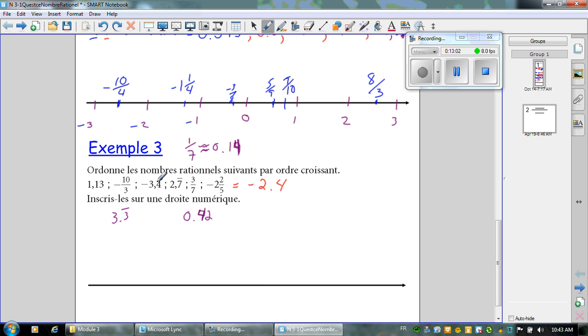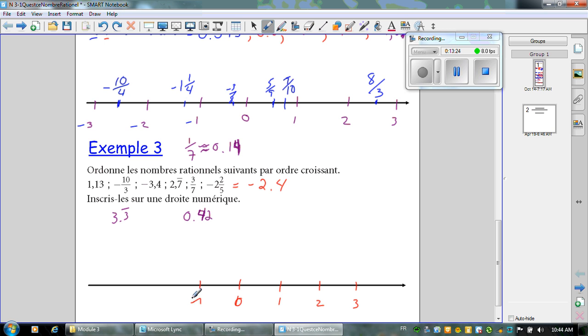So place that on the number line. The smallest one is on the negative side, so I have to go to negative 3.4. Same idea, I'm going to go to -3, with 0 in the middle. So 1, 2, 3, -1.